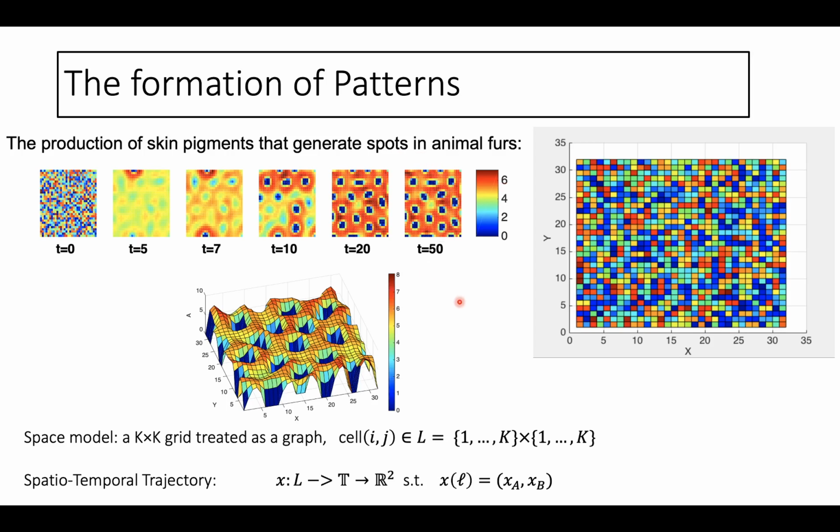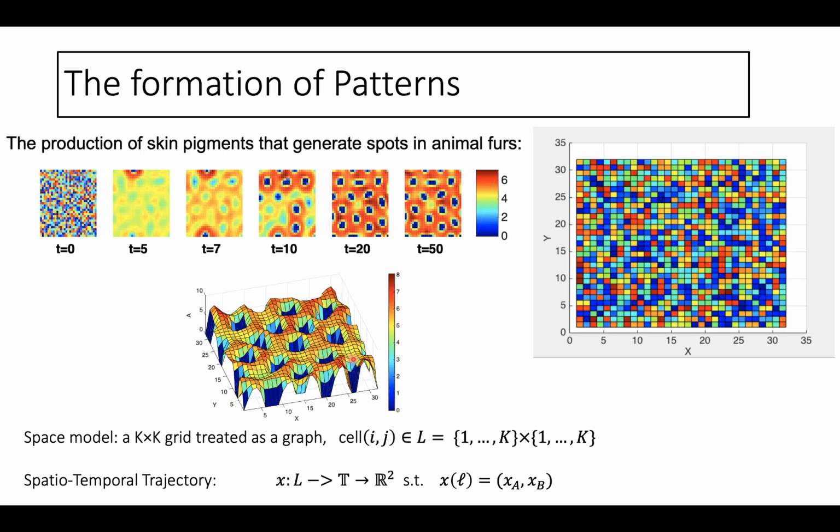And here we see just the evolution in time of the concentration of the protein A, where in the spots, so in the blue part, the concentration of A is very low, and in the red part, the concentration instead is high.